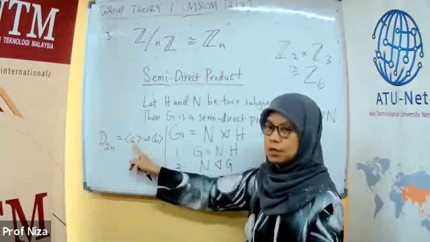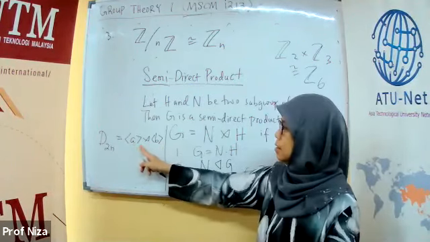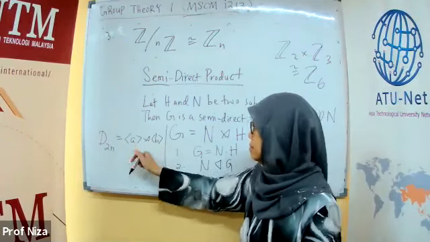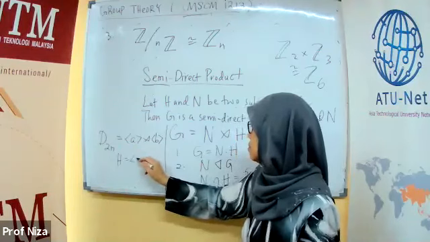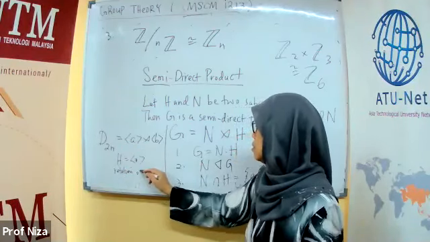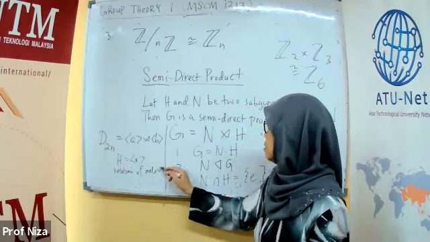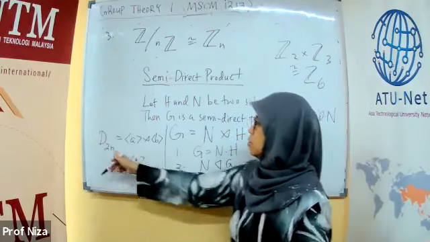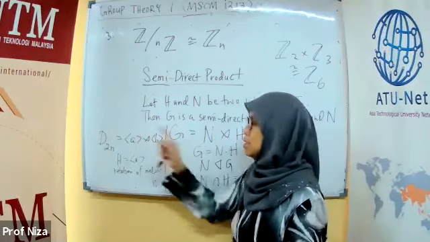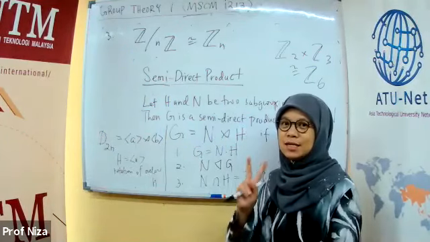This is the rotation of order n. This has order 2n. This has order n. So the index is 2.